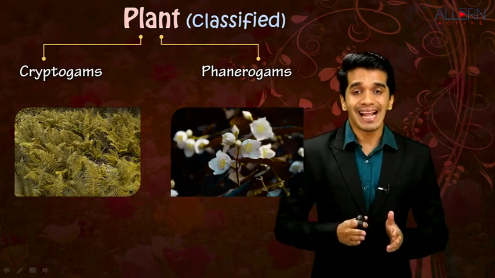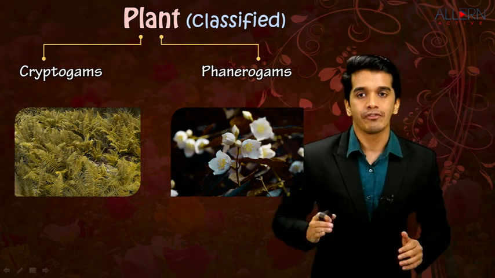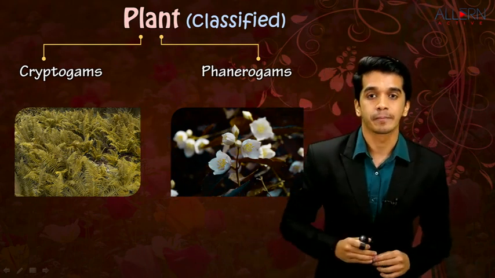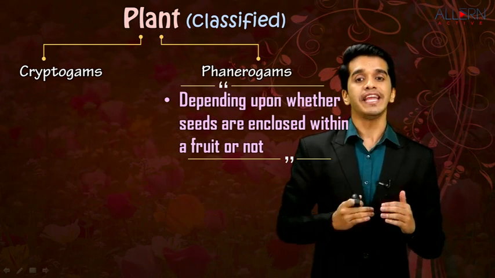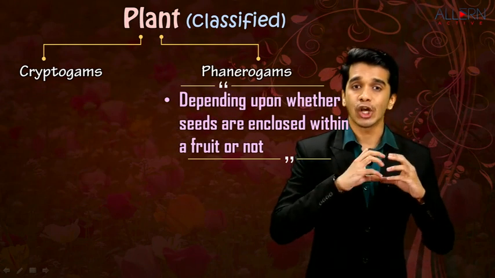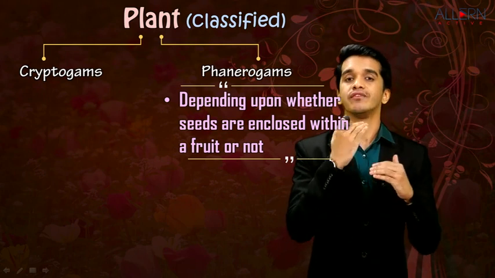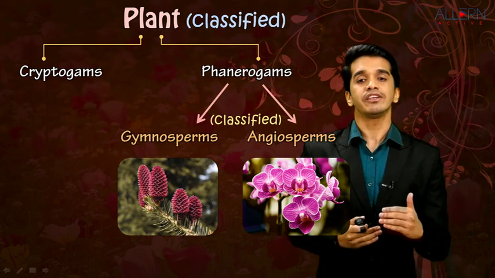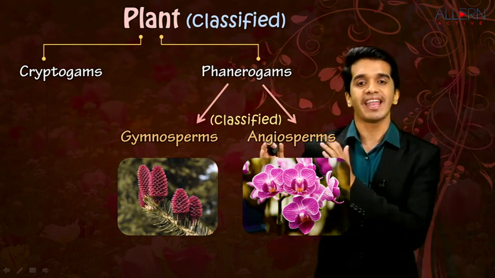Plants are divided into two types: cryptogams and phanerogams. Phanerogams, depending upon whether the seeds are enclosed in a fruit or visible to the naked eye, are further classified into gymnosperm and angiosperm.